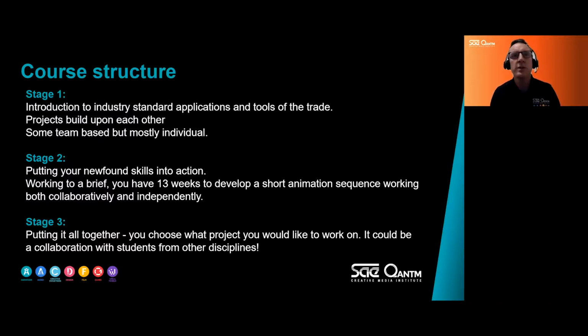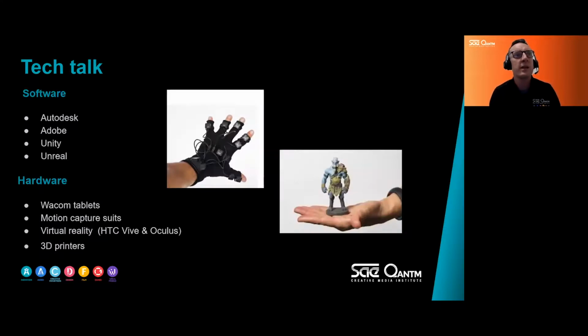Let's have a look at some of the tech that we use within the classes. Let's talk software. We're using Autodesk, as I mentioned before. Autodesk is industry standard software. We're using predominantly Maya, Mudbox, and MotionBuilder. We're also using the Adobe suite: Photoshop, Illustrator, and Adobe After Effects, for example. They're just a few.